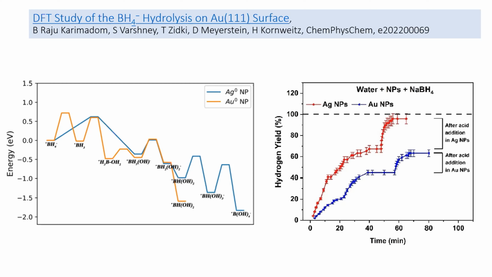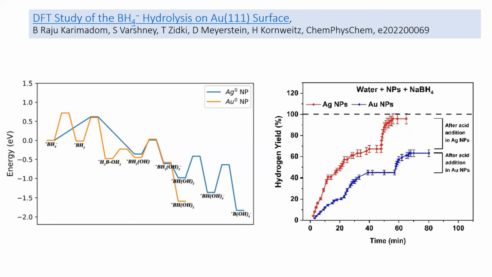Then the other step of hydrolysis has a significantly lower barrier, and we get BH2OH2 minus, but then a hydride is released spontaneously, and it is adsorbed to the surface, and we get BHOH2 twice.